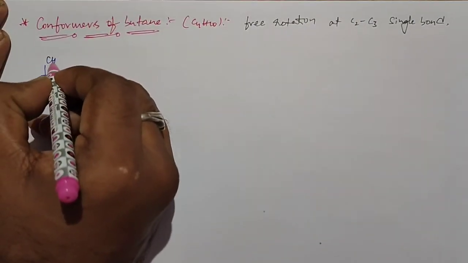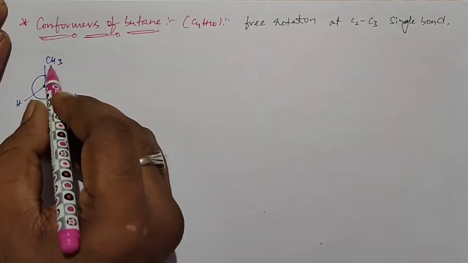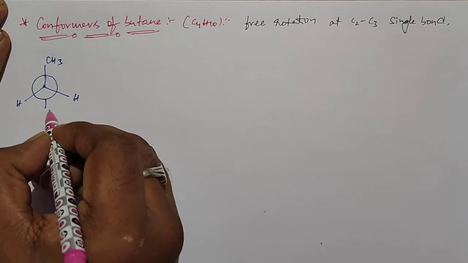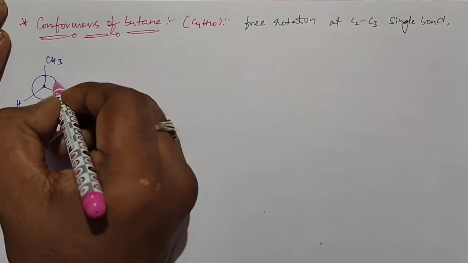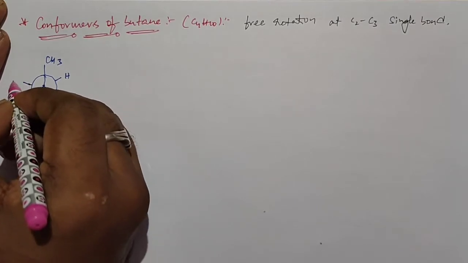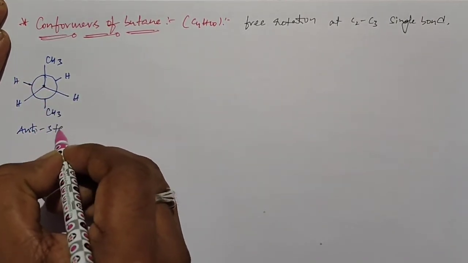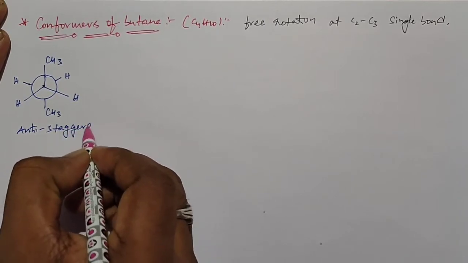Anti-staggered form. In the anti-staggered form, the groups are quite opposite. I mean, both methyl groups, on the front carbon and the back carbon, are opposite to each other. So this is the anti-staggered form.